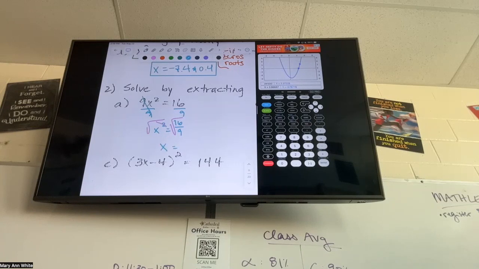And now I'm going to square root the other side. What's the square root of 16? What's the square root of 9? Good. And because I square rooted both sides, what also needs to be included in my answer? Plus minus, very good. Because I square rooted both sides, I get to put a plus minus in my answer.